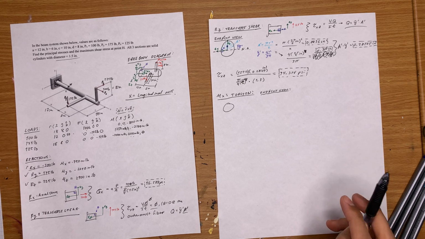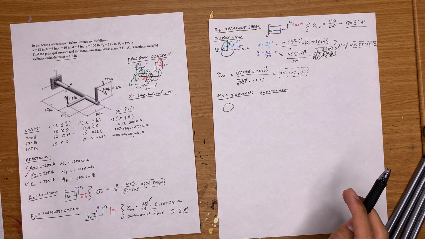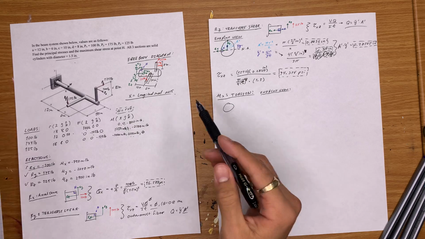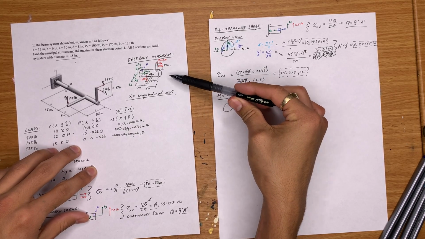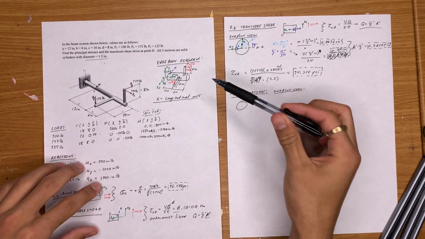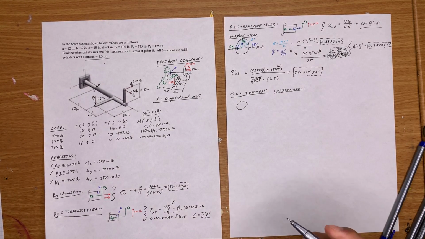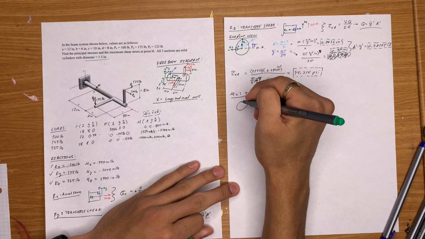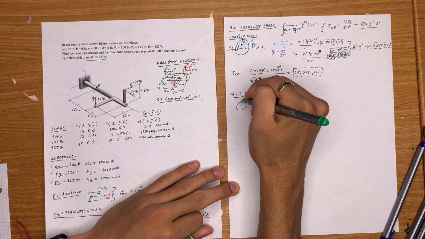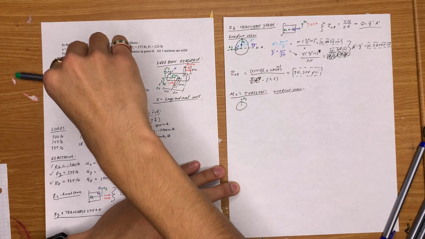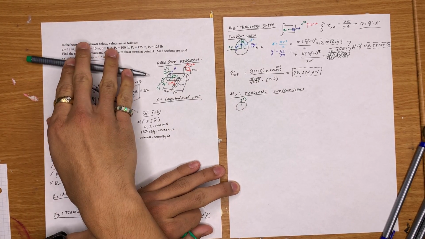When we're looking at torsion, we look at the axis the moment is acting about, and it's acting about the X, so we're looking through the X, through the longitudinal.